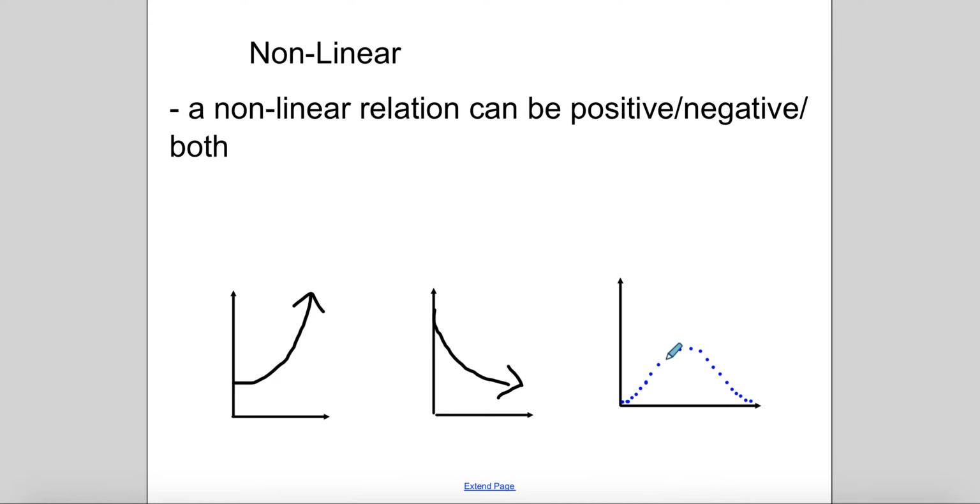Or both. It's going up to the right until right there, and it goes down to the right after. This is actually a bell curve. If you take statistics later, that's a huge thing that you'll see over and over again. You'll actually see it in grade 12 if you take chemistry. Your fourth year IB chemistry, you do a lot of that as well.